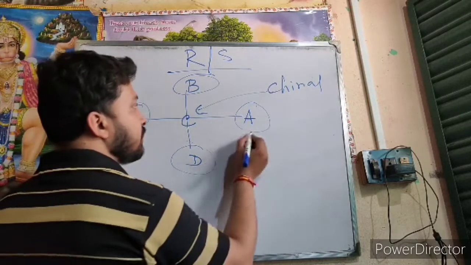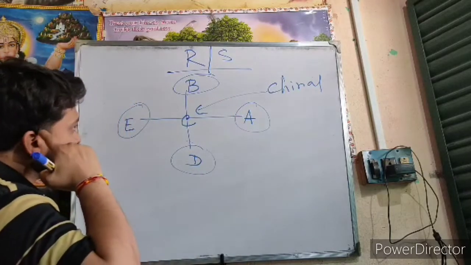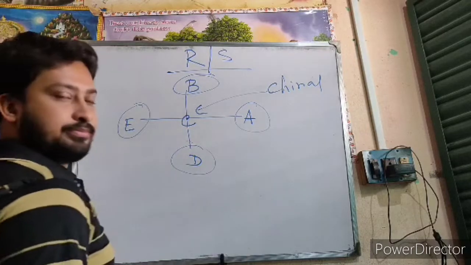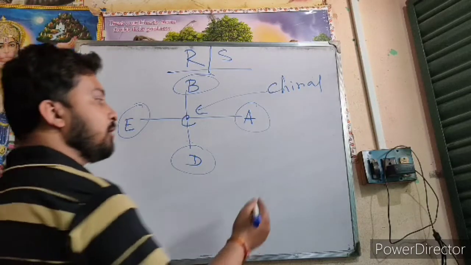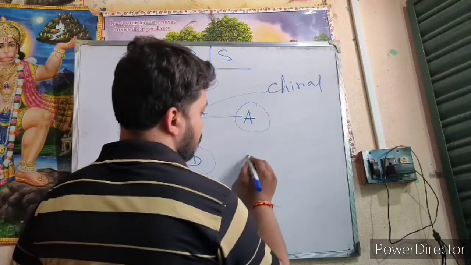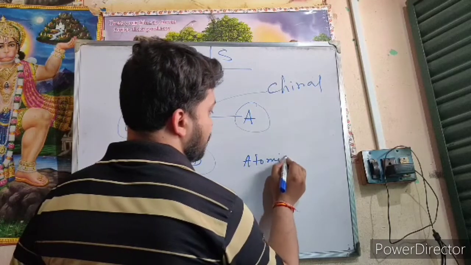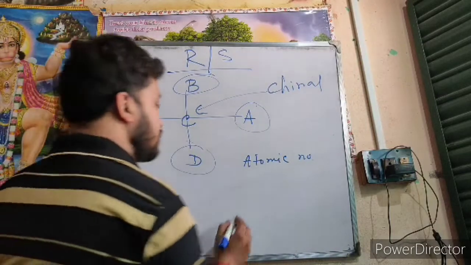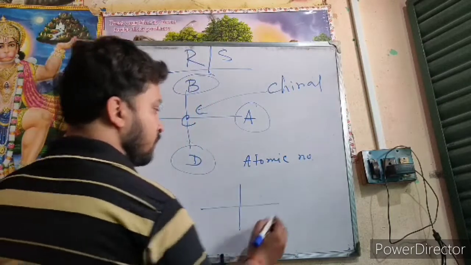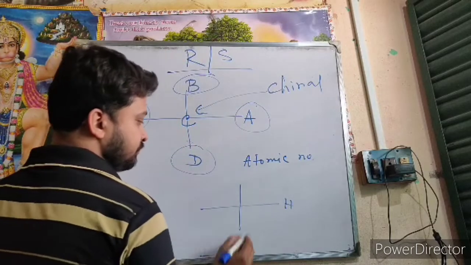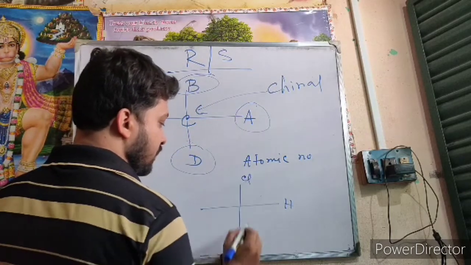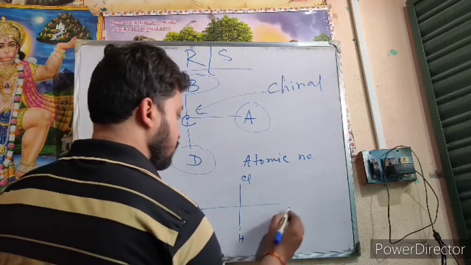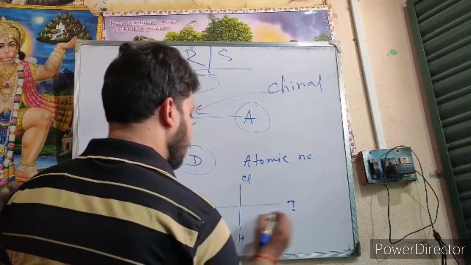You number these groups on the basis of their priority. Priority means you can arrange them by their atomic number. Just like there is hydrogen, chlorine, iodine, and bromine.